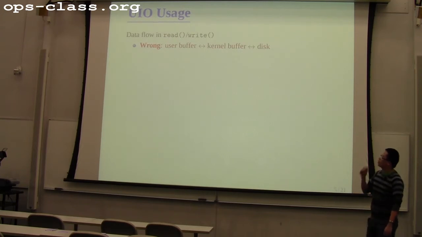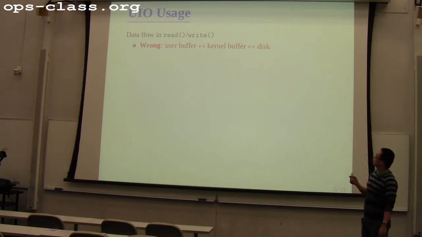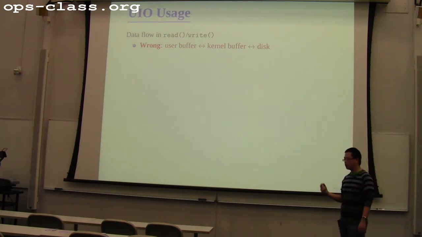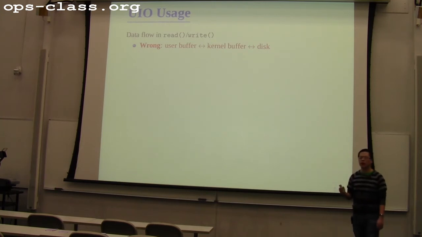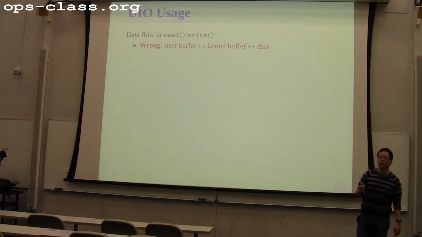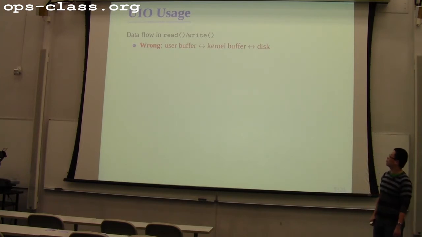So I saw a lot of people doing this in their read or write. So in read or write, the user gives you a buffer, which is in user space. For example, in read, I saw people doing this. So they first use uio_kinit to initialize the UIO structure for kernel space I/O, because uio_kinit is already there. It's very easy to use.